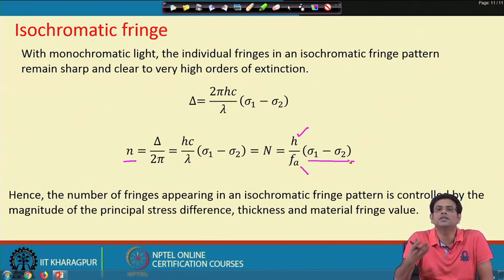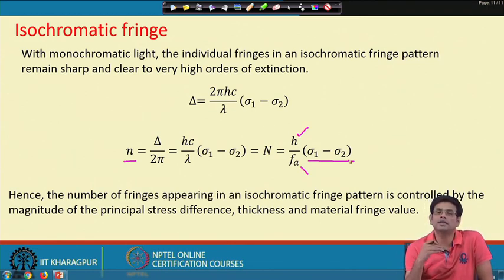That is why it is a full field technique, or we can take the image of it and count the principal stress difference, and essentially we can find out the principal stresses. This can be extended to a 3D body, but as I have said earlier, in the case of a 3D body, counting such isochromatic fringes is a very tedious job, and finding out those principal stress differences is also a difficult task, but nevertheless it can be done.